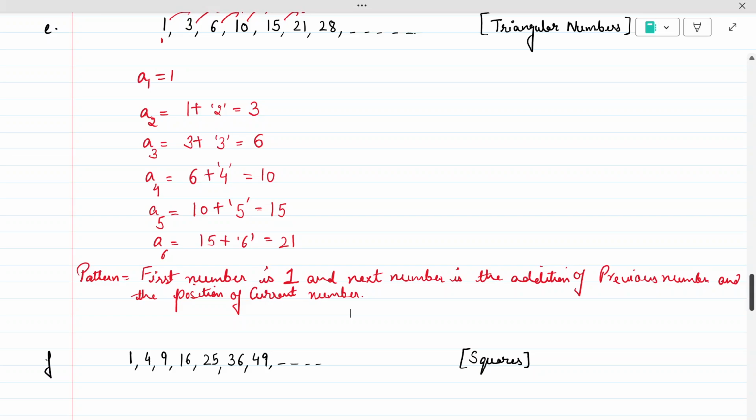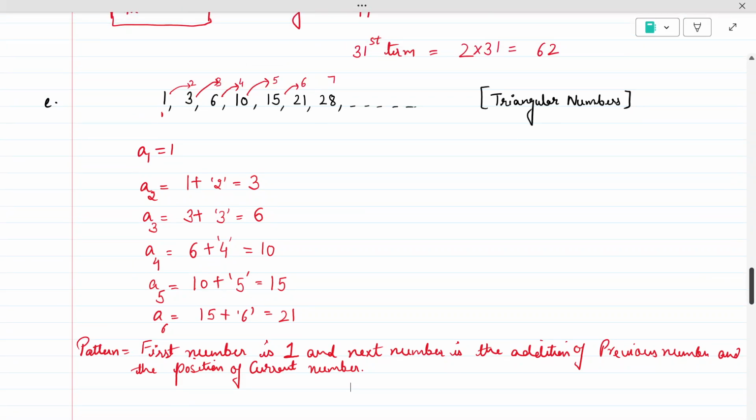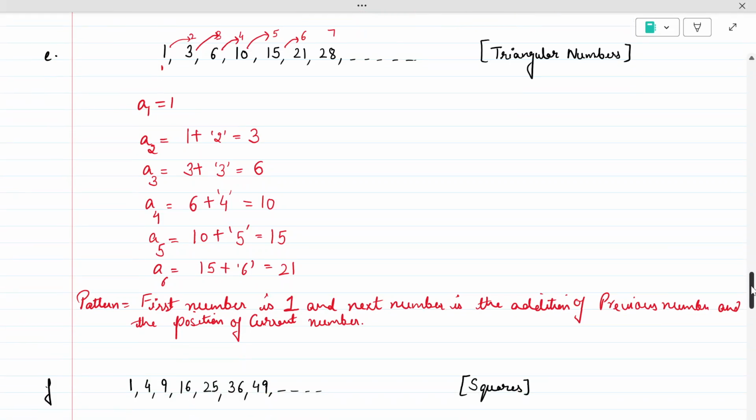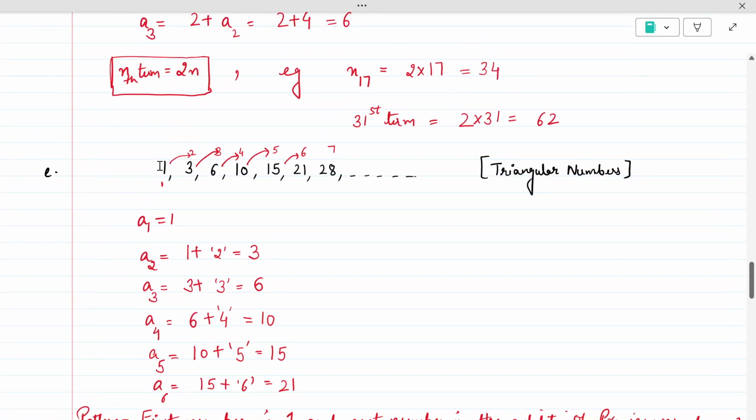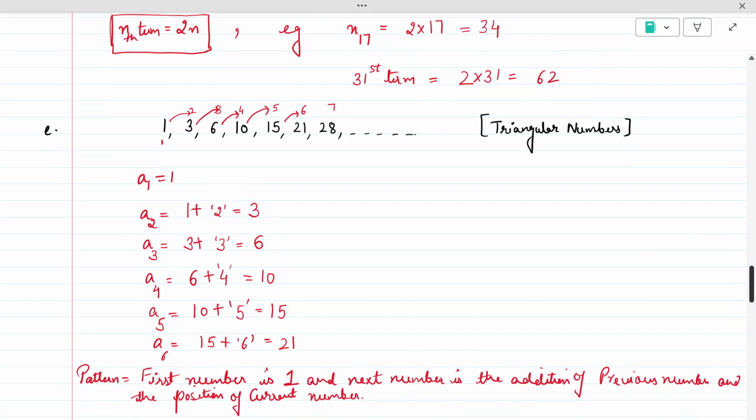Now, coming here, if I have to derive any nth number, kids, if we can see here, when we are deriving 3, this is 1 plus 2. When I'm deriving 6, this is 3 plus the next number. So basically any number is the sum of the previous number and the natural numbers. So we have the formula for this.